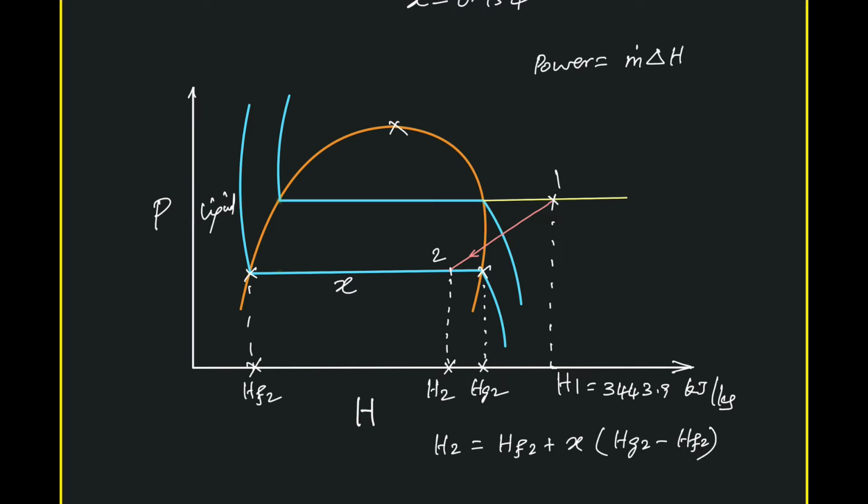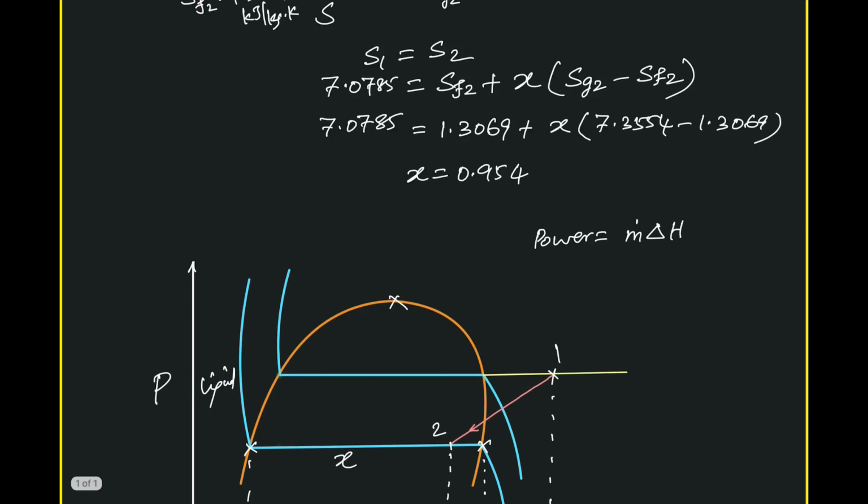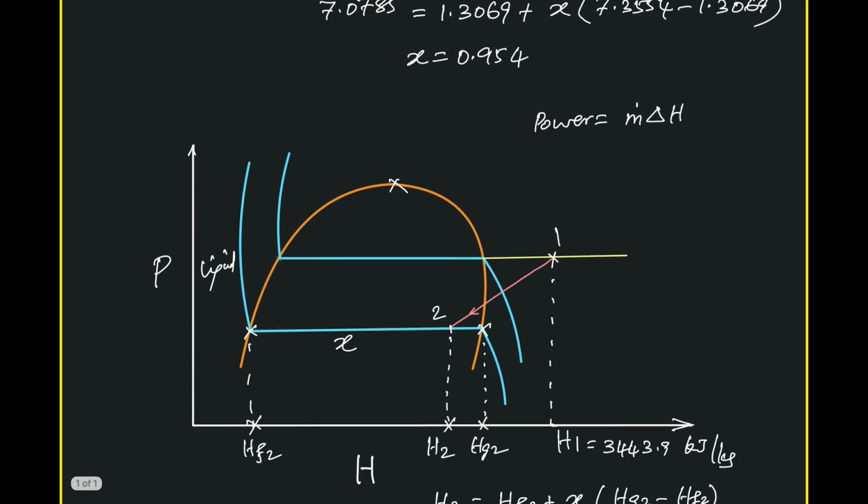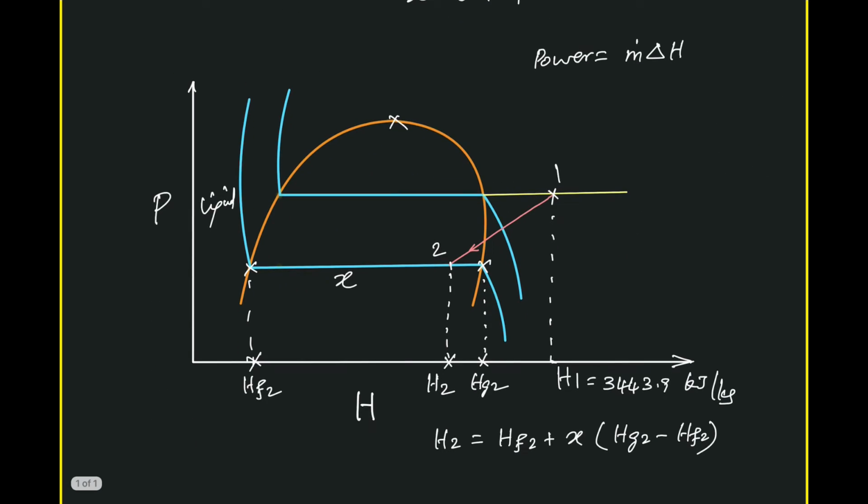Let us first write. Hf2 and Hg2 are needed. What is meant by Hf2 and Hg2? Hf2 corresponds to the enthalpy of saturated liquid at the exit condition, and Hg2 corresponds to the enthalpy of saturated vapor at the exit conditions. Inlet condition is 1 and exit is 2, and inlet is a superheated vapor. This yellow line is the constant pressure line, and we have these constant temperature lines.